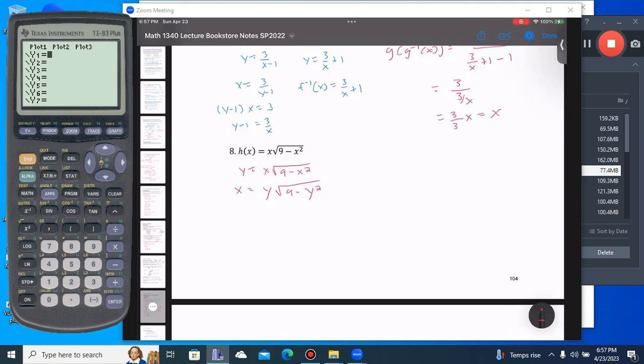Right, so x times the square root of 9 minus x squared. I'll just do a zoom standard.